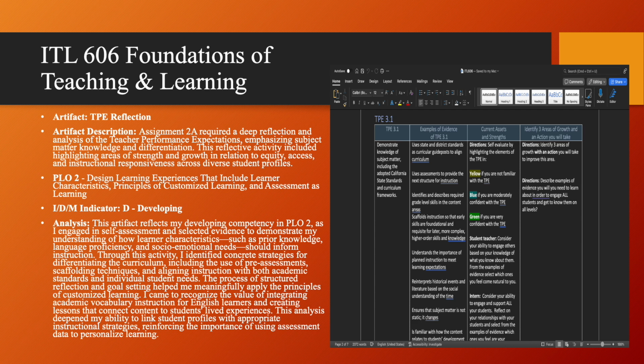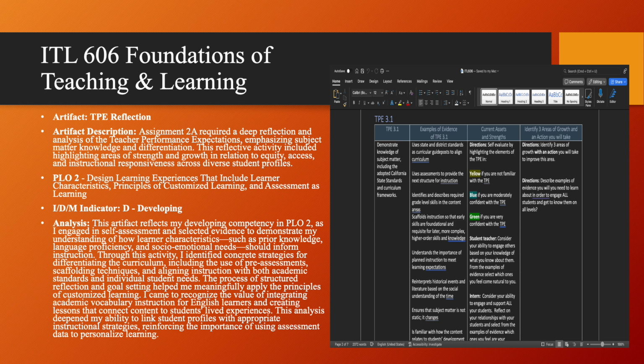Moving on, the next artifact is coming from ITL 606, and that artifact was a TPE reflection. This assignment required a deep reflection and analysis of the teacher performance expectations, emphasizing subject matter knowledge and differentiation.